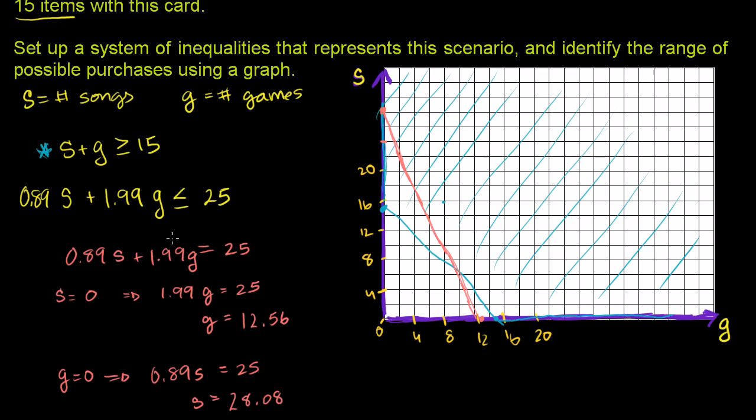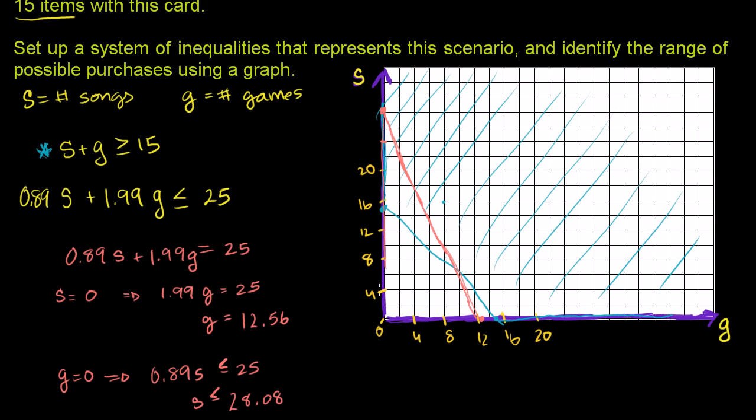Now, if we're talking about the less than area, what will that imply? When g is equal to 0, 0.89s is less than 25. If we really wanted the less than there, instead of just less than or equal to, s is less than 28.08. So it'll be the region below.